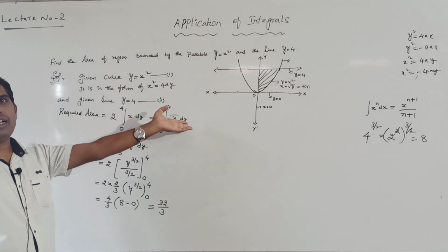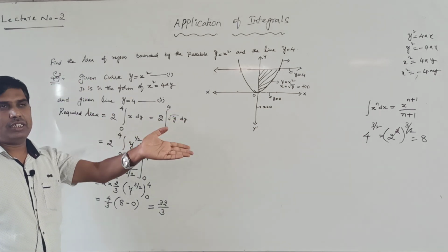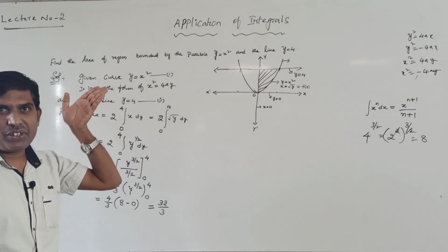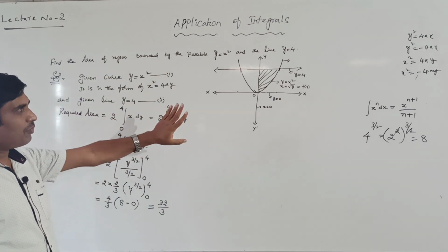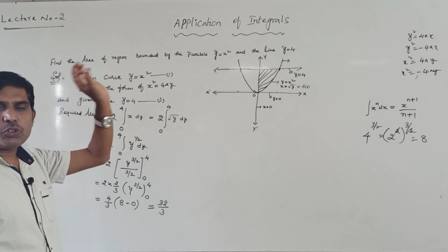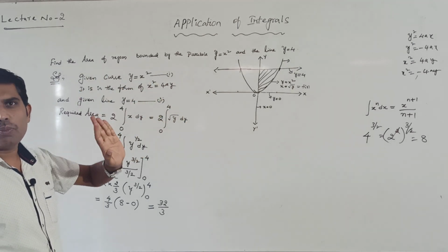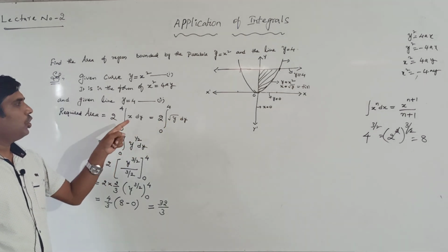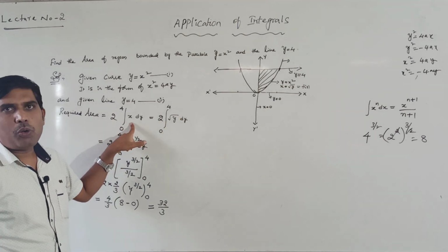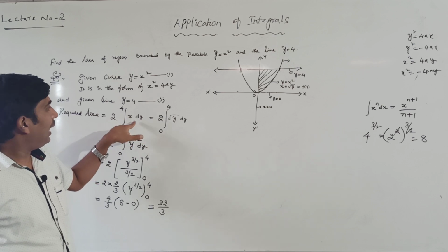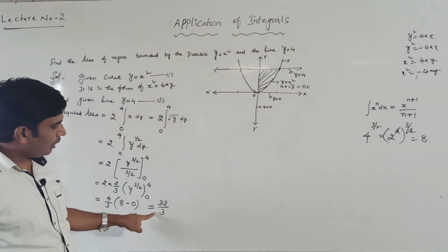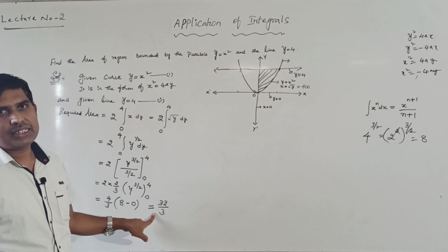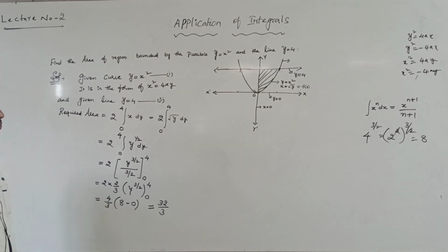This one is different, to show how to know or how to get the area when it is bounded with the y axis. That's why I took it. So you can use x limits also, no doubt, but I used one way here. So when the area is bounded with the y axis, the area we get is 32 by 3 square units.